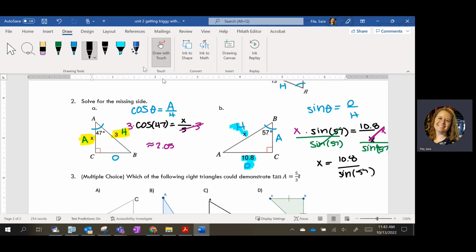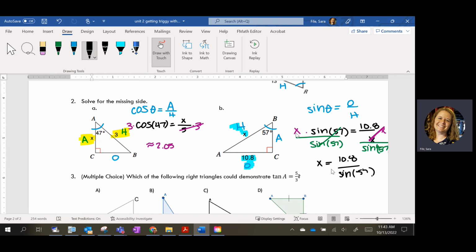What you may notice here, what was in black to what's in black now, the x and the sine of 57, they just swapped spots, didn't they? Y'all see that? That's going to happen every time it's the denominator that's missing. So when it's the denominator that you're looking for, the denominator and the trig function switch spots.